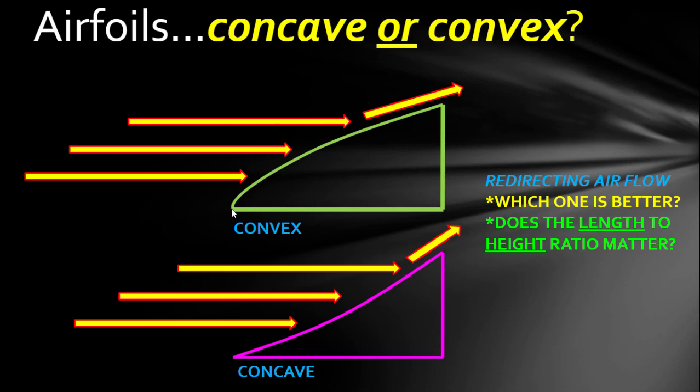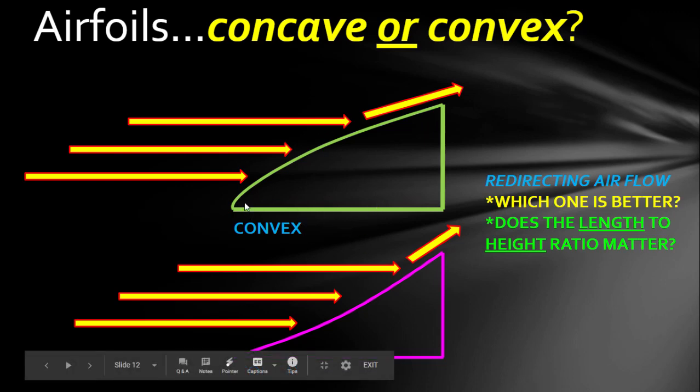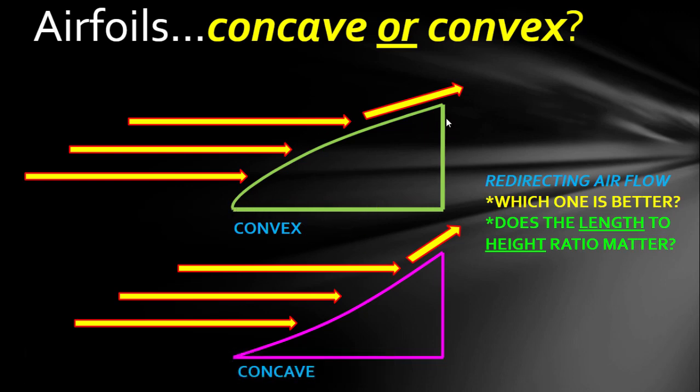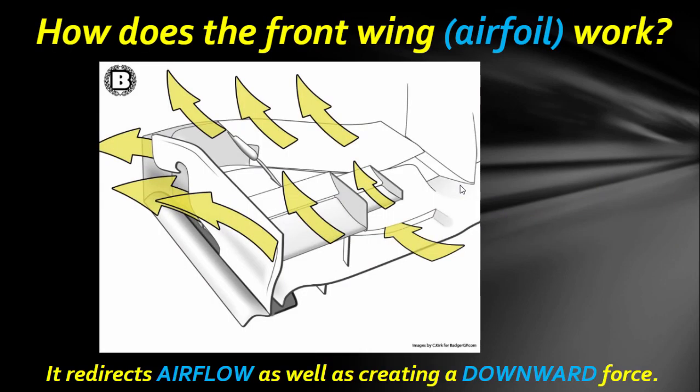Sometimes students might make this long, but they'll make this height much taller than it probably should be, and you're really pushing against the part rather than really allowing the air to move over it easily, gradually. So we're going to pay close attention to not only the shape, convex and concave, but especially how this length to height ratio comes into play when you're designing your airfoils.